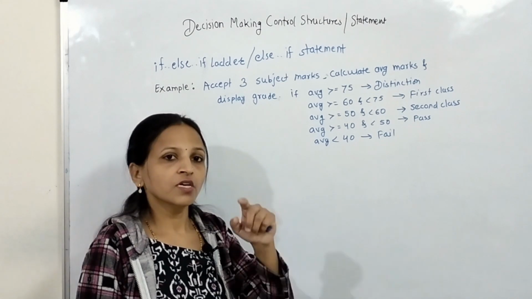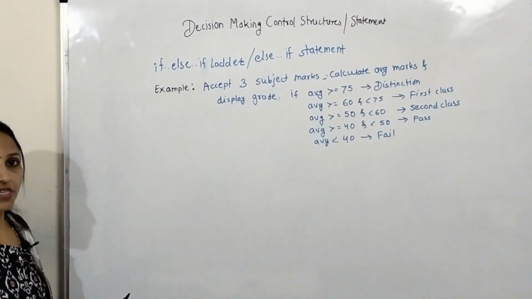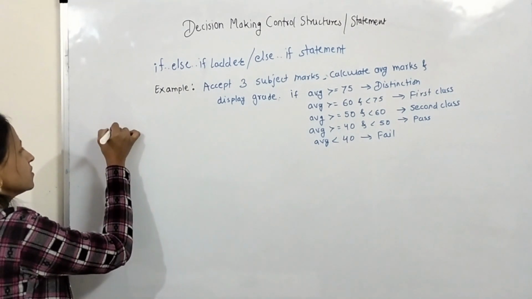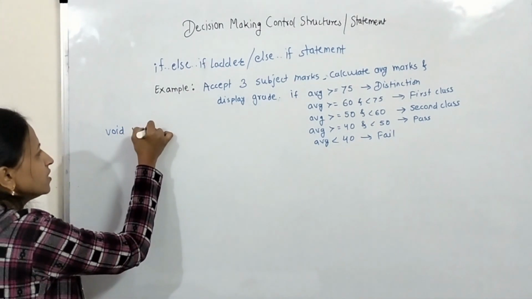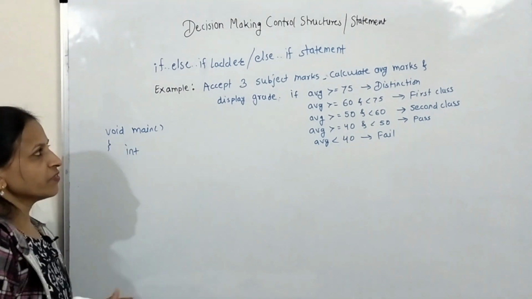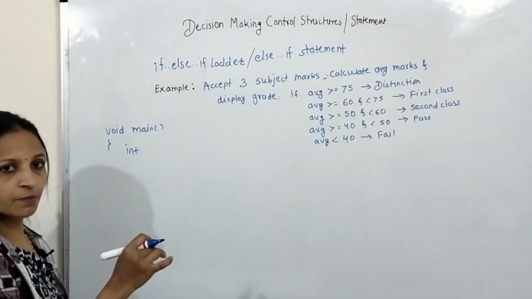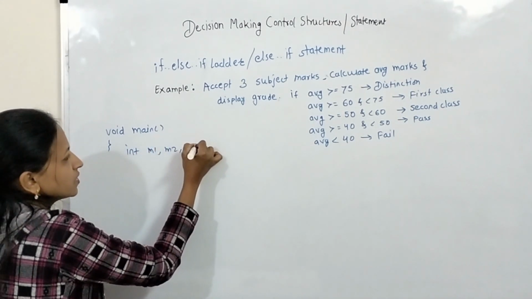See, first we have to accept 3 subject marks of that student, and for that we will write like this. We have to include first stdio.h, then void main, and here we will declare 3 variables for taking those 3 subject marks, let's say m1, m2, m3 in this way.